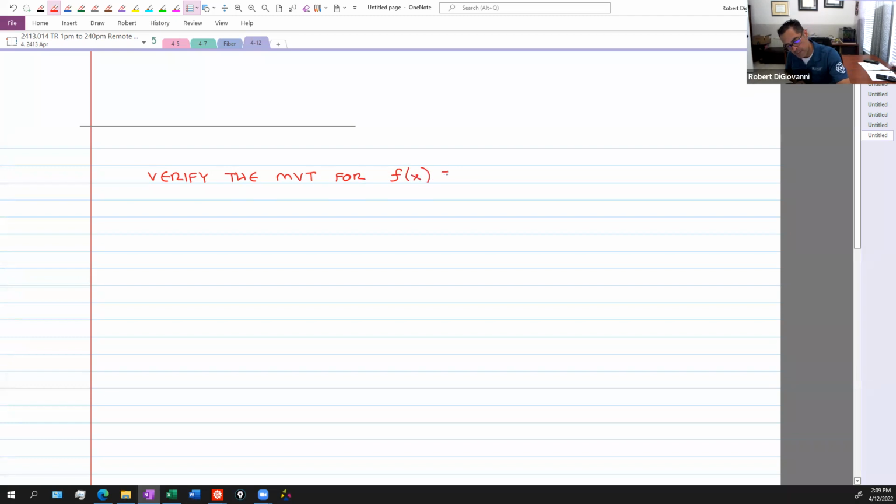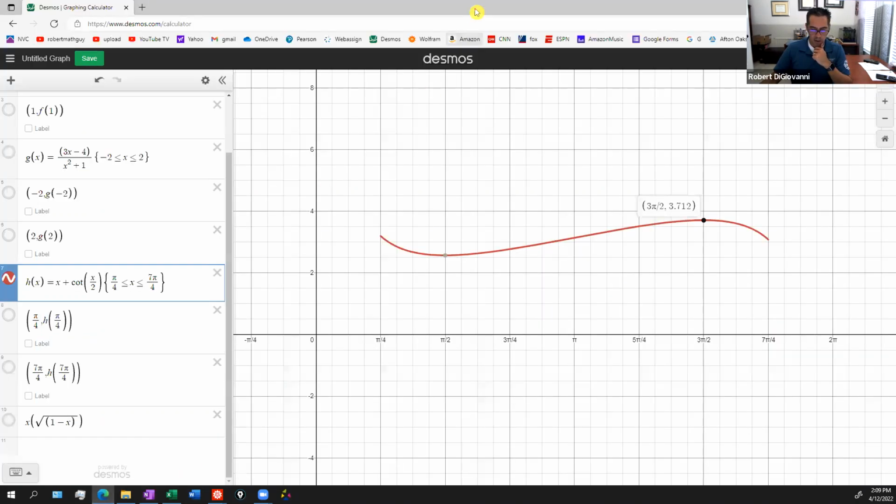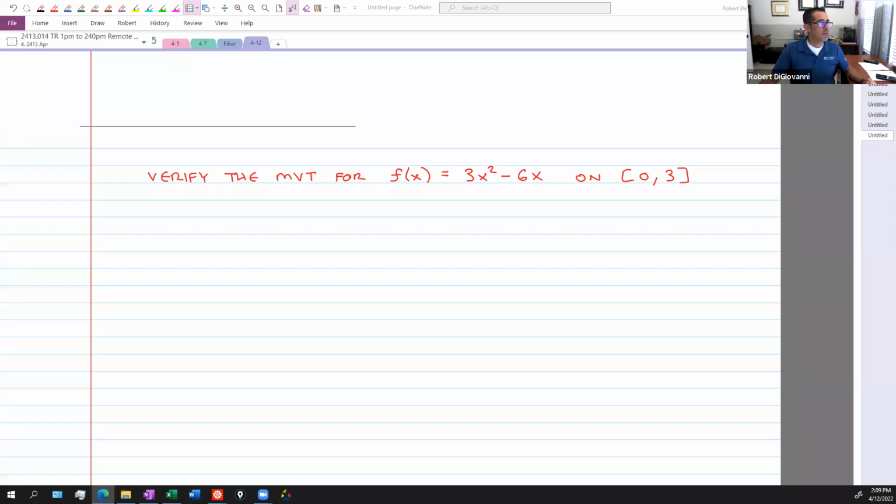We'll start simple: 3x squared minus 6x on the interval 0 to 3. I'll give you a minute to write that down. I actually don't have this ready to go, so I'll get this ready while you're writing that down.